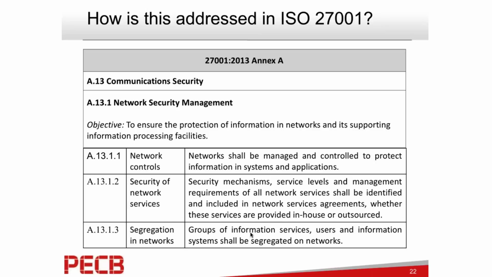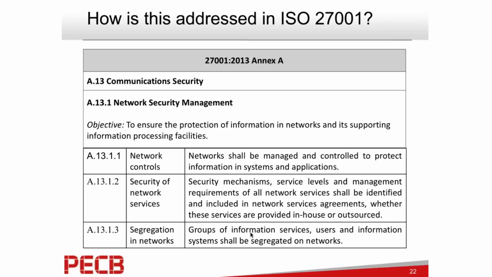The control objective states that networks shall be managed and controlled to protect information in systems and applications. So the auditor will be looking for evidence that you have the proper configuration and the proper control on your network, on your information systems, the proper VLANs in place.